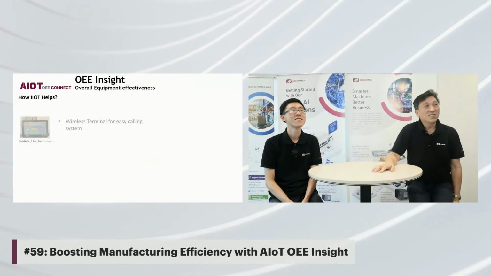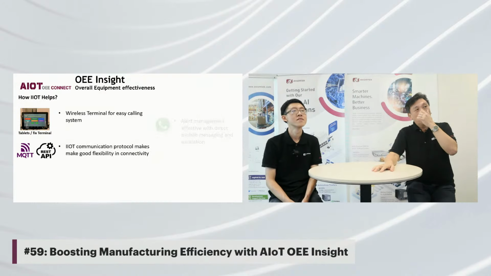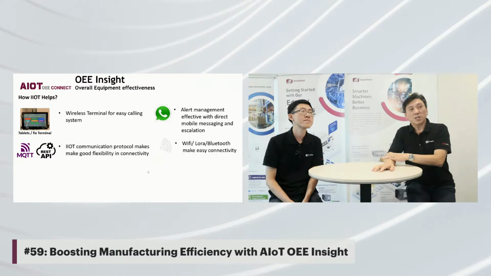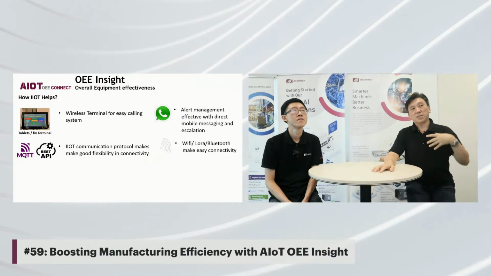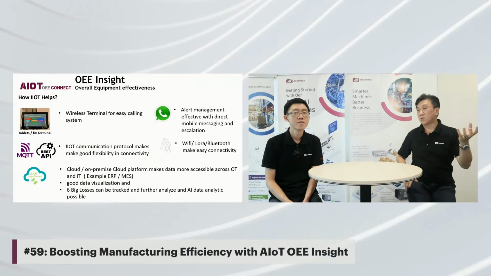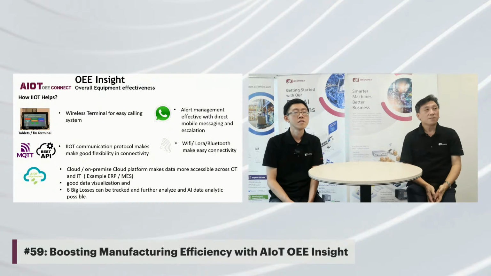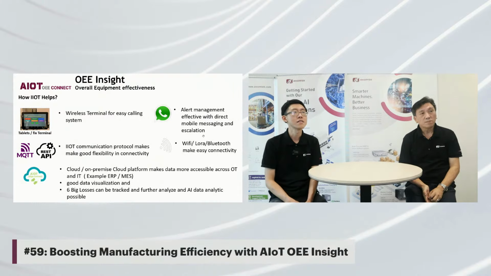Okay, so these are some of the features. Maybe Ken Leong, you want to cover this one a little bit. Some of the features in this AIoT OEE Inside Connect. Okay, so on the left hand side we have a touch panel that is wireless, so that it is easy for you.